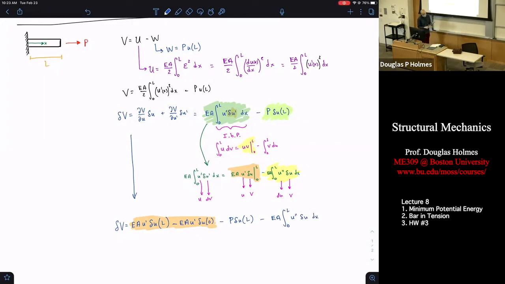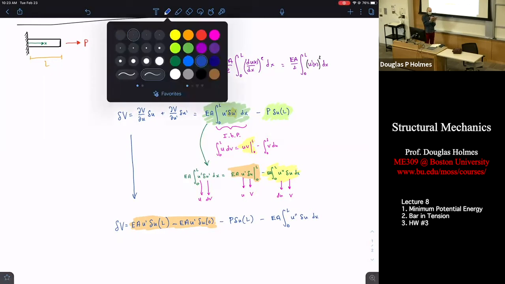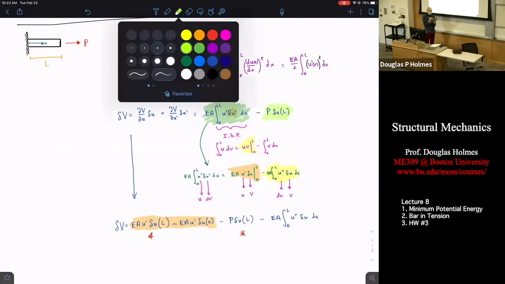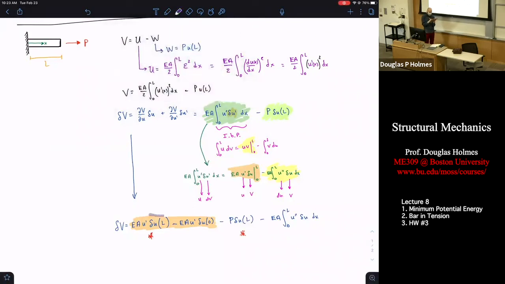Okay. This term and this term have the same variation, so we can collect them together, right?